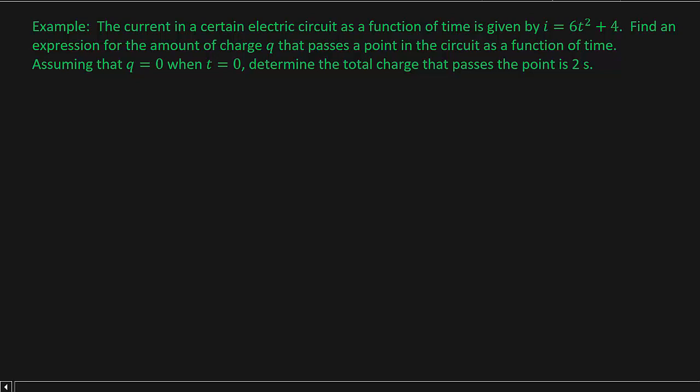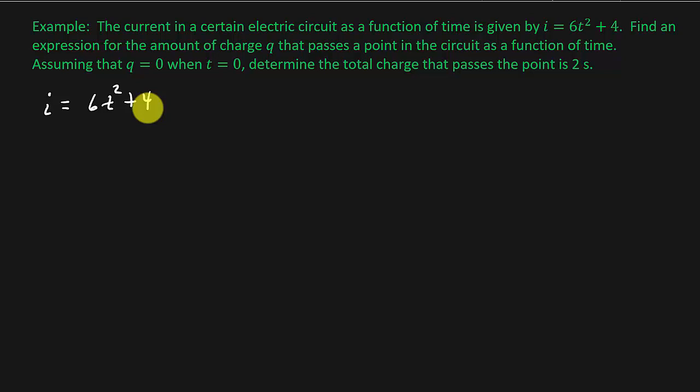All right. It says the current in a certain electric circuit as a function of time is given by, and that tells us that I is equal to 6t squared plus 4. Find an expression for the amount of charge Q that passes a point in the circuit as a function of time, assuming that Q equals 0 when t equals 0, and determine the total charge that passes the point in 2 seconds.